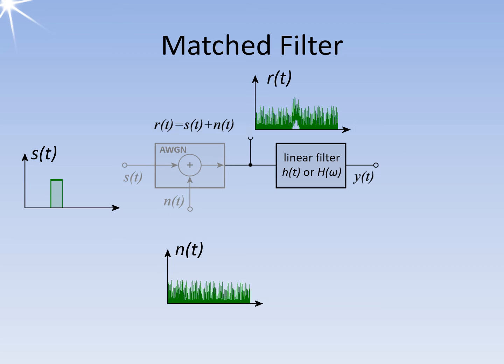The signal at the receiver input is represented by r as a function of time, t, which is the sum of the amplitudes of both signals. The matched filter's task is to separate this merged signal at the input and provide the result as function y.